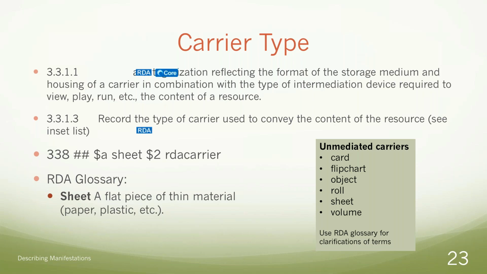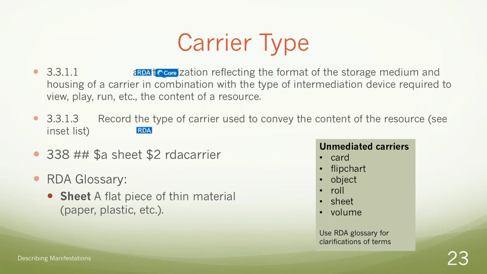The carrier type, once you've determined your media type, when you look at the list in RDA for carrier type, it's sorted by the various media. So you would look for unmediated carriers, and it would give you a list of appropriate terms for a carrier type. So if you've got a poster, for example, you would use sheet.